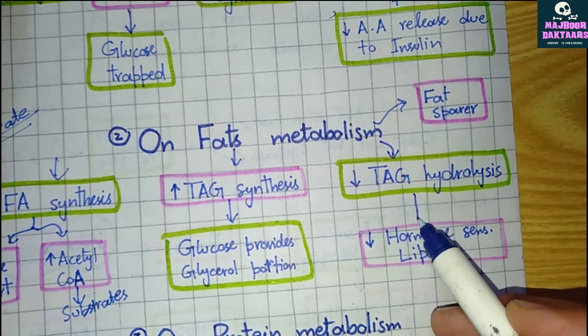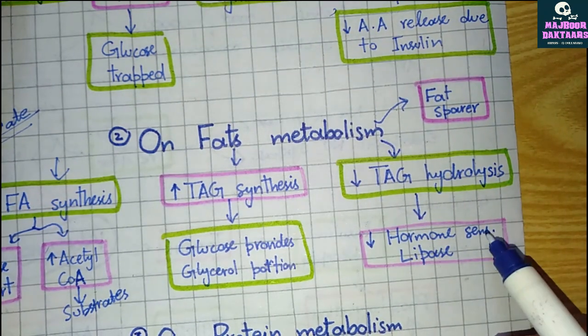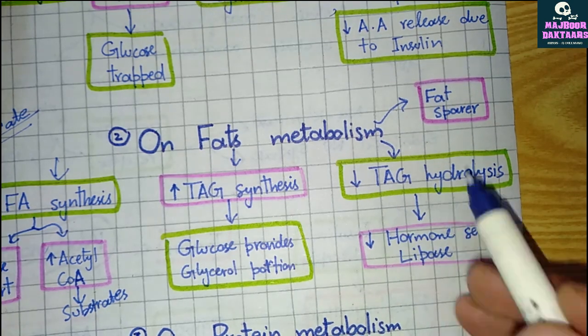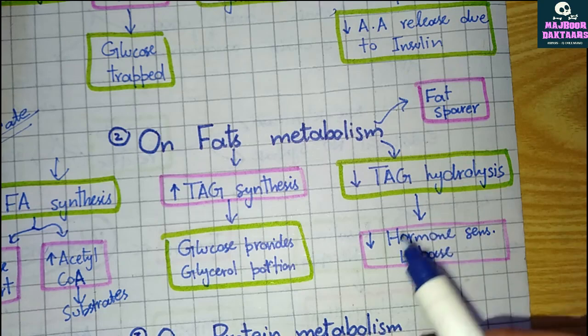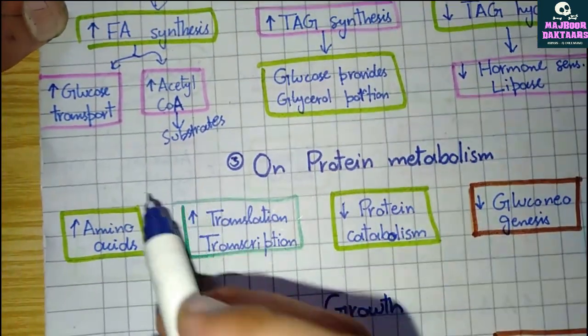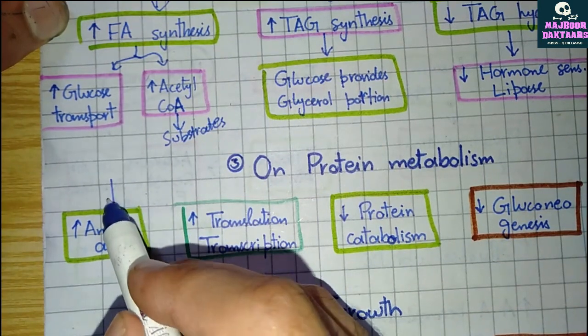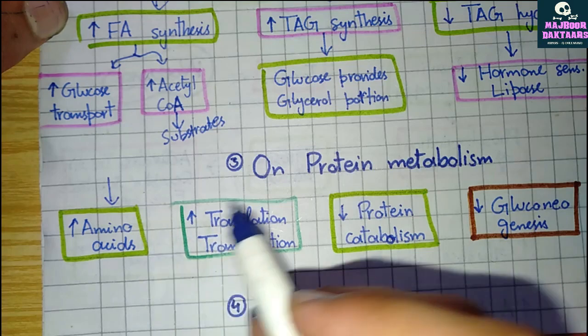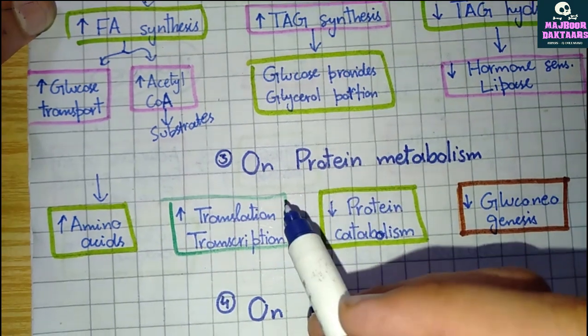It does so by decreasing the activity of hormone sensitive lipase enzyme, which breaks down TAGs into fats and glycerols. So now moving toward the effect on the protein metabolism, the insulin increases the amino acid influx inside the cell. So it provides a substrate for protein metabolism.